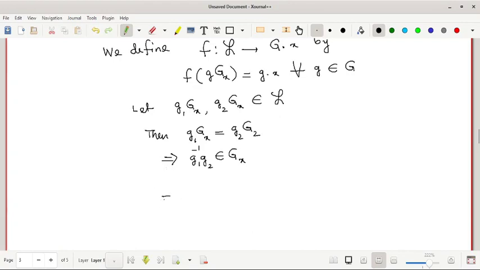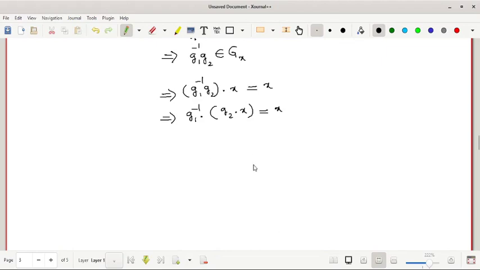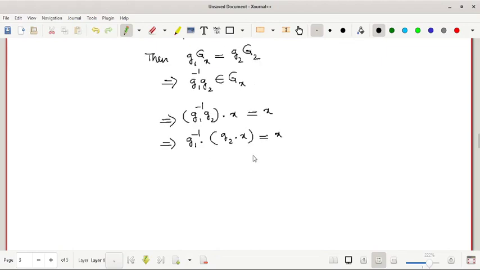Implies, what is the definition of stabilizer? g1 inverse g2 dot x is equal to x, implies by definition g1 inverse acting on g2 dot x is equal to x. Okay, let us take action.